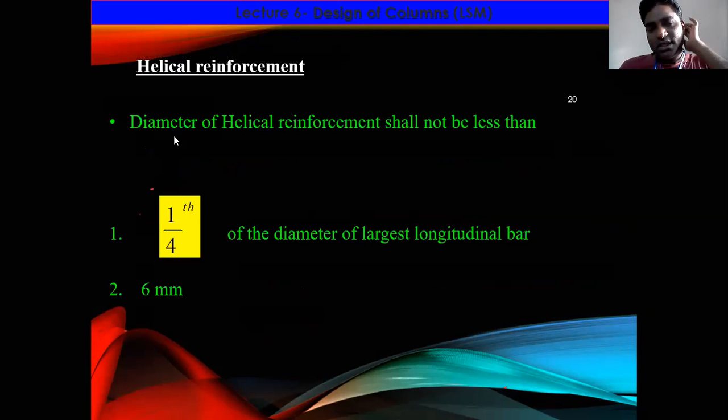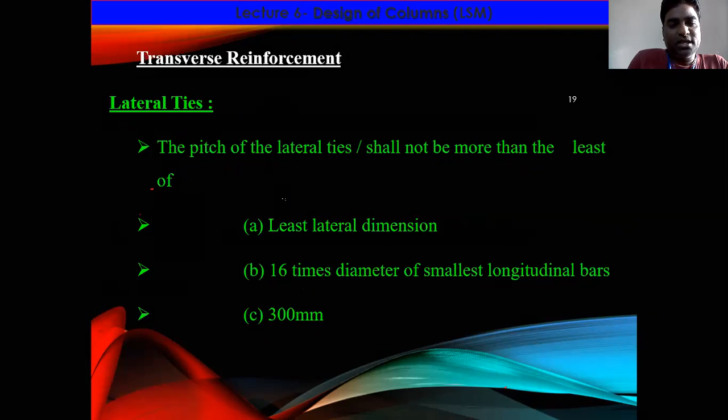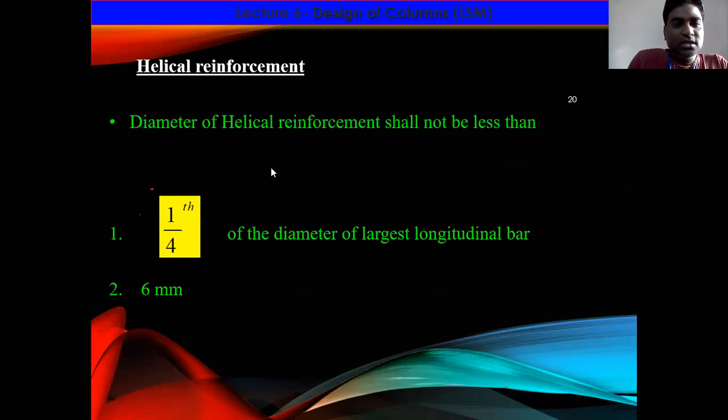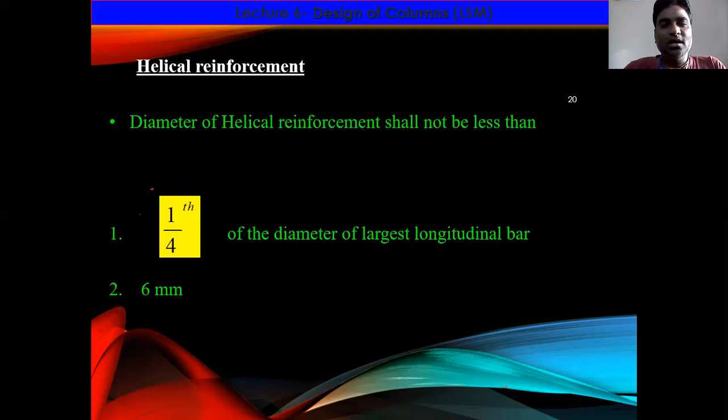Next, coming to the helical reinforcement. What is meant by helical reinforcement? In last class, we discussed helical reinforcement. While classifying the column based upon the type of lateral ties, it can be classified into axially loaded column with lateral ties and axially loaded column with helical reinforcement.